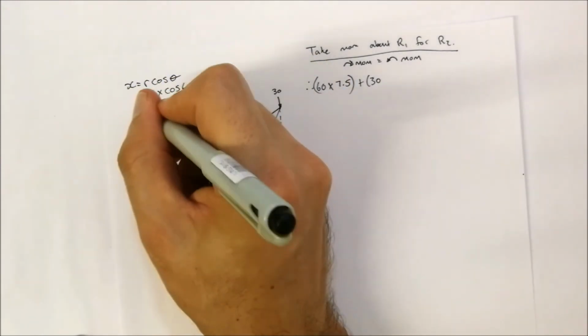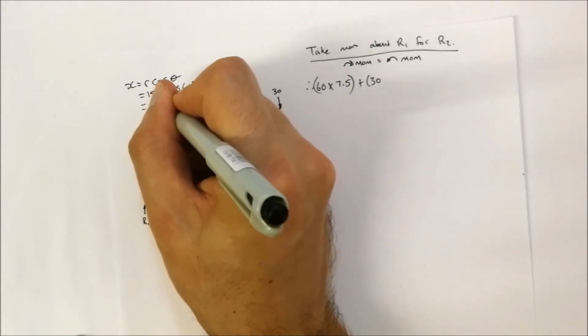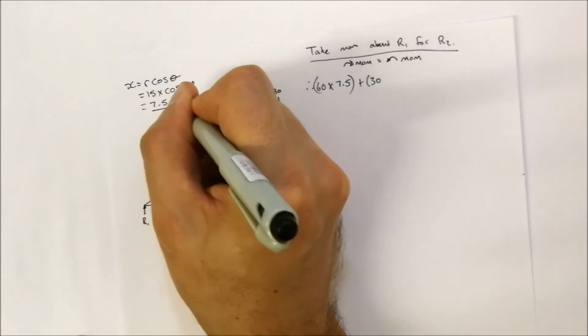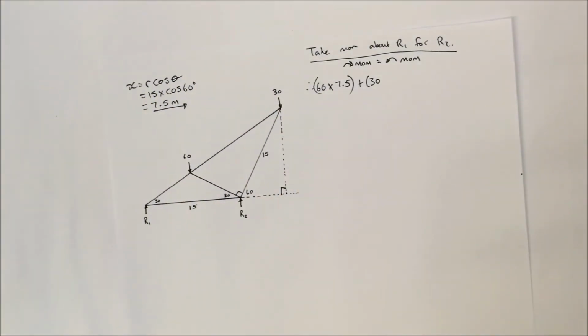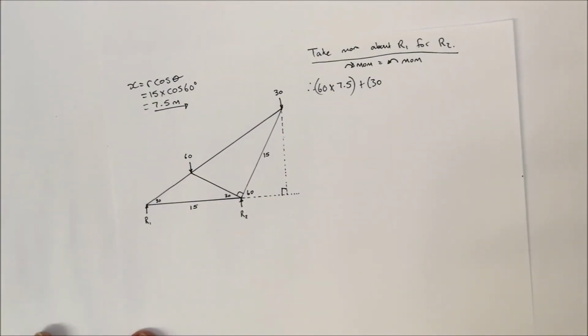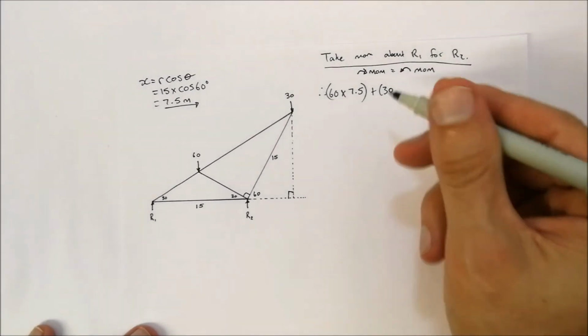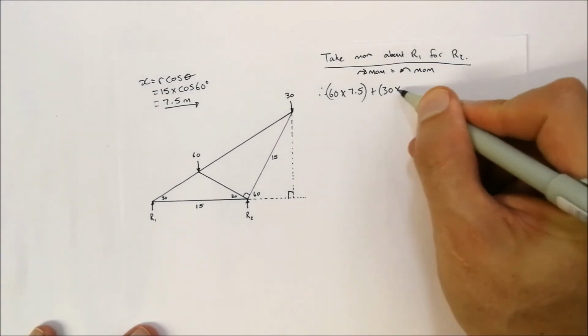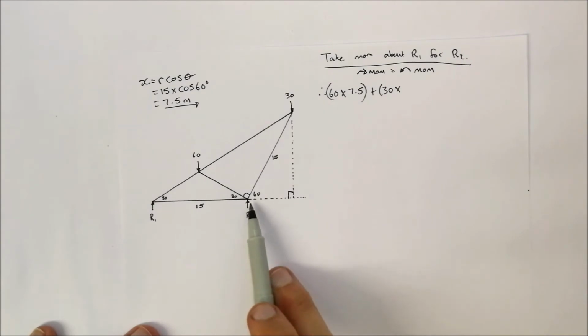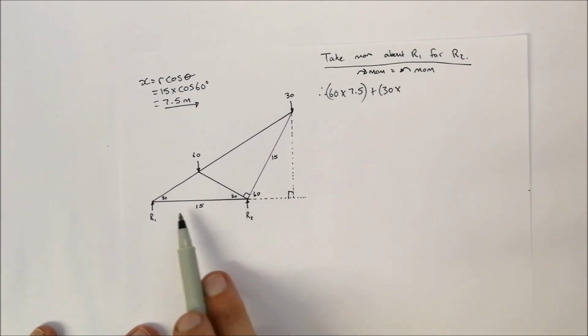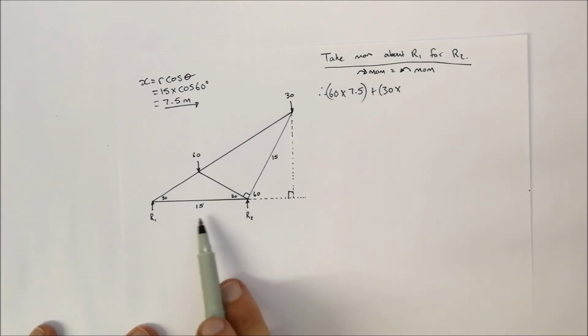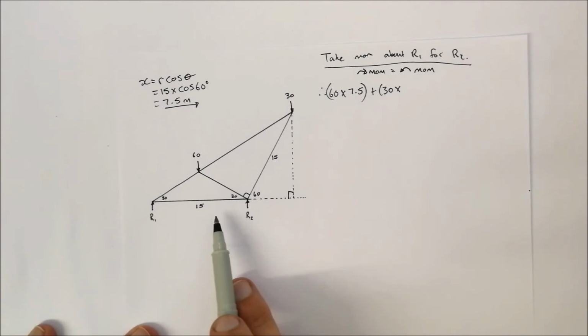And you do that calculation, you find that x is equal to 7.5 meters. Now that we've got that distance, we can use it in this calculation. If this is 7.5 meters, it's going to be added to this 15 meters over here. So that means that this is 22.5 meters.